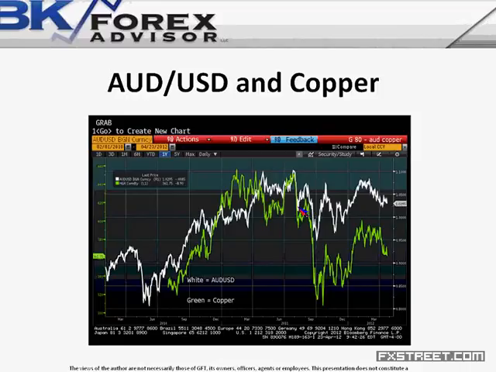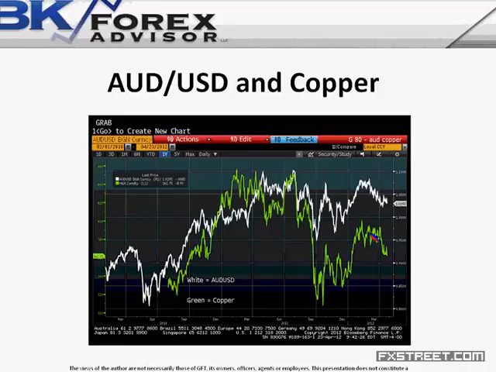But copper is actually a much more important export to Australia than gold, and so there seems to be good correlation between copper and the Aussie dollar price. But the Aussie dollar also has a very strong correlation with gold prices. Nonetheless, it's important to pay attention to both because the Aussie dollar will trail both of these commodities.